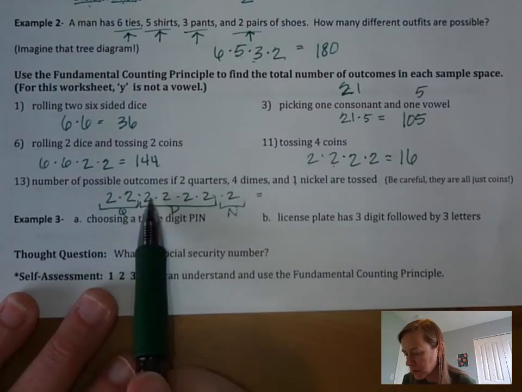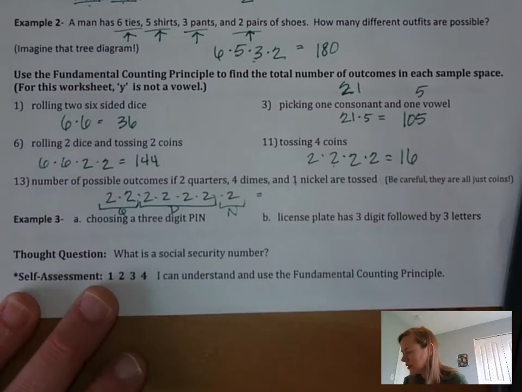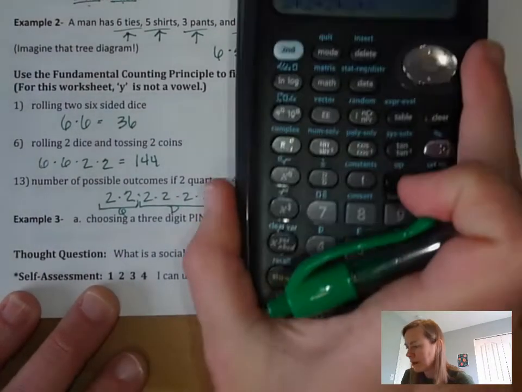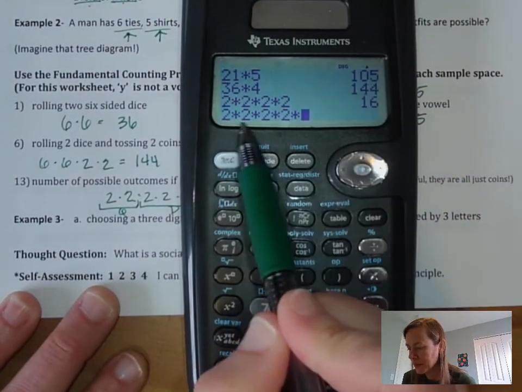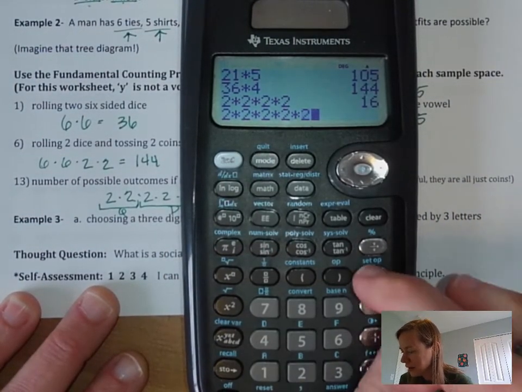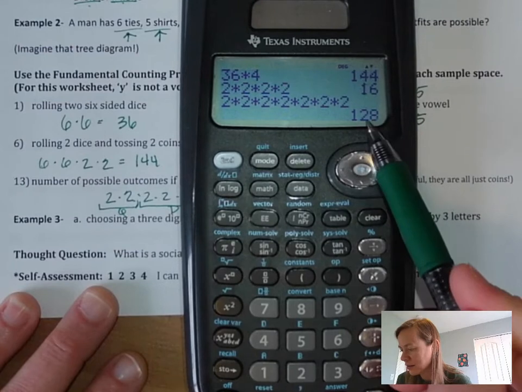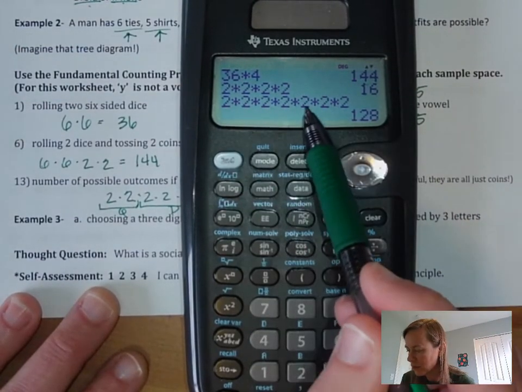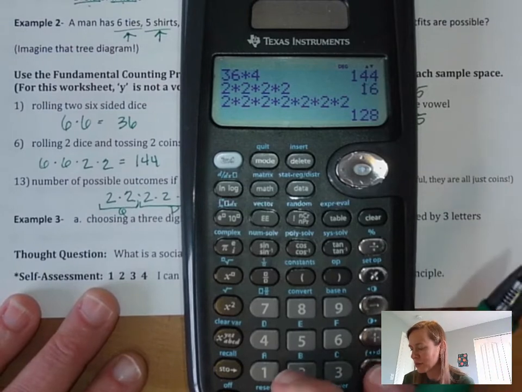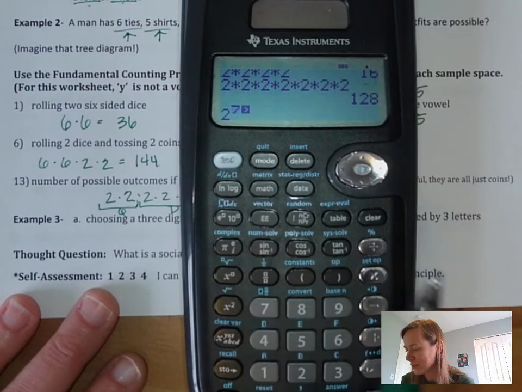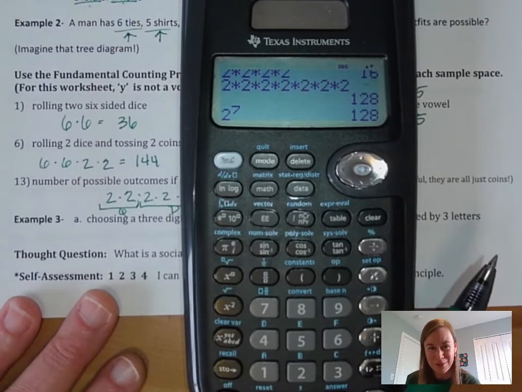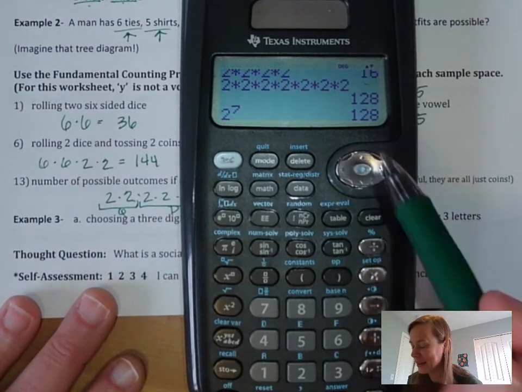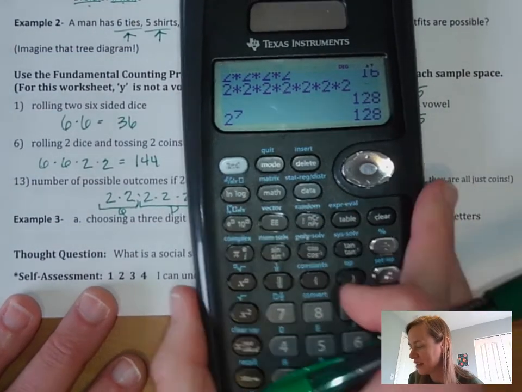So 1, 2, 3, 4, 5, 6, 7. Let's multiply 7 2s. Here, I'll show you my screen. I'm on this bottom line here. Looks like we get 128. Let me make sure I did that right. 1, 2, 3, 4, 5, 6, 7. You get 128. If you like to do something differently, you could do it that way, but only if you get what's going on there. You're totally fine to do it this way.